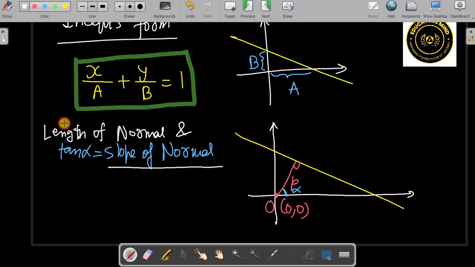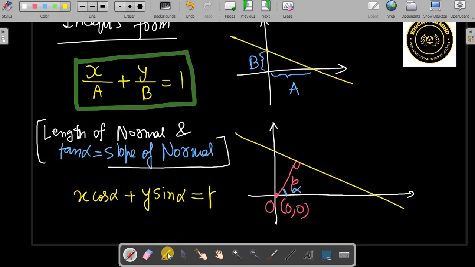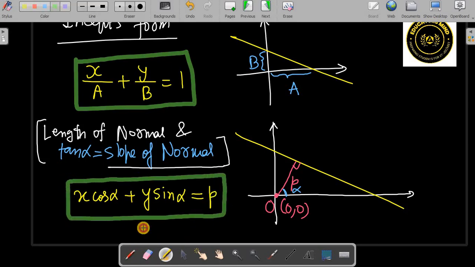Based on this, we can write the equation of this line as x cos alpha plus y sin alpha is equal to p. Okay, this is the equation of this line.